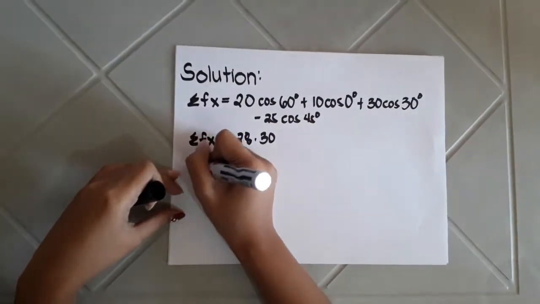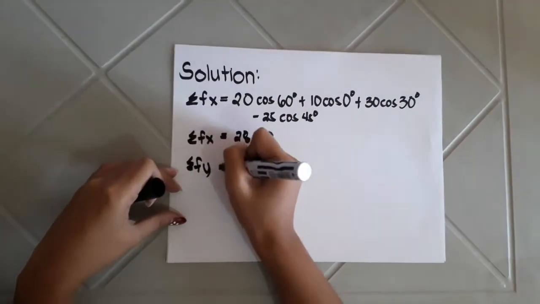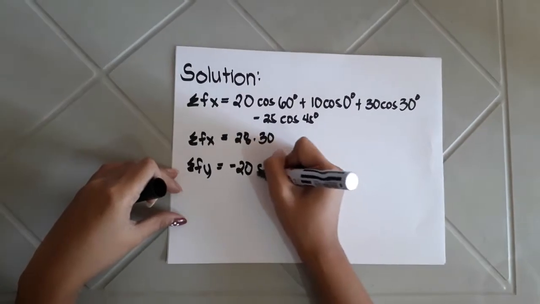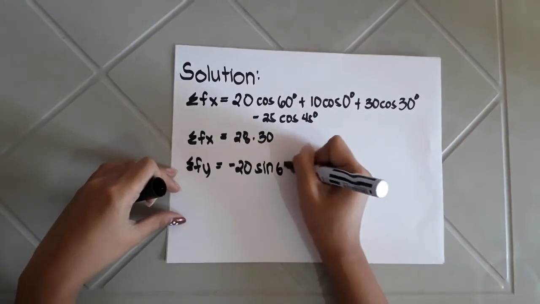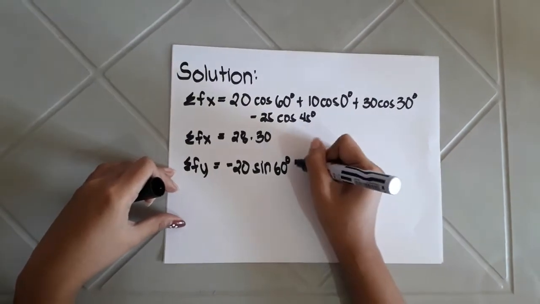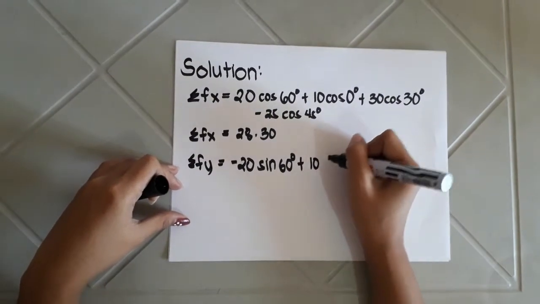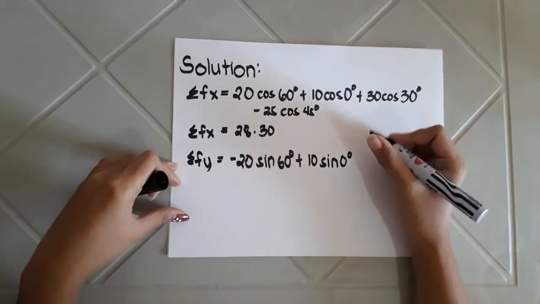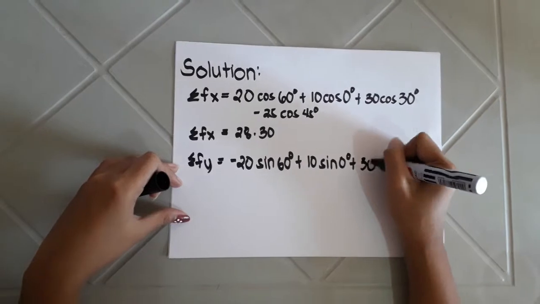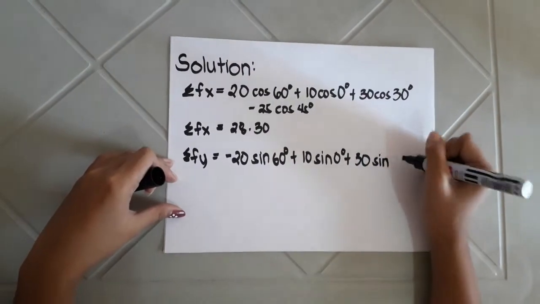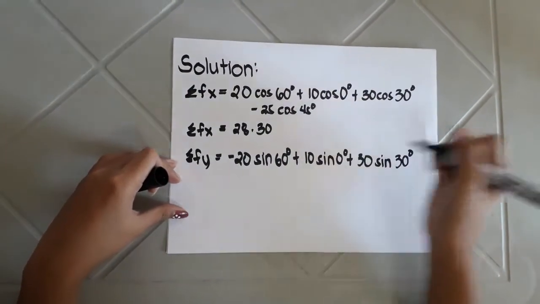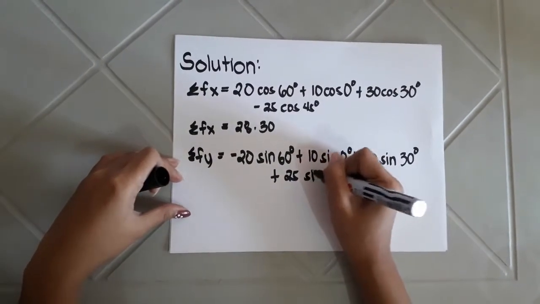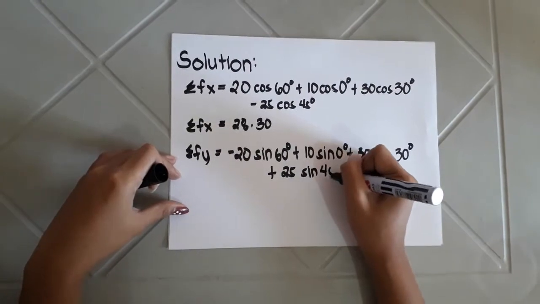Solve for the vertical component F sub y by using the sine function. So the summation of F sub y is equal to negative 20 sine 60 degrees plus 10 sine 0 degree plus 30 sine 30 degrees plus 25 sine 45 degree.